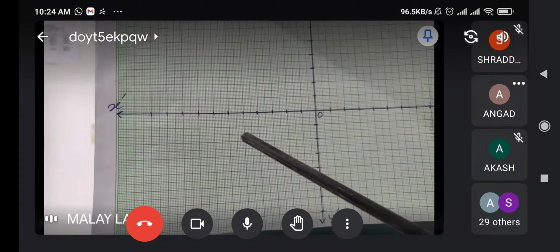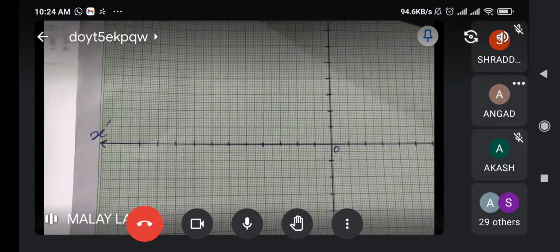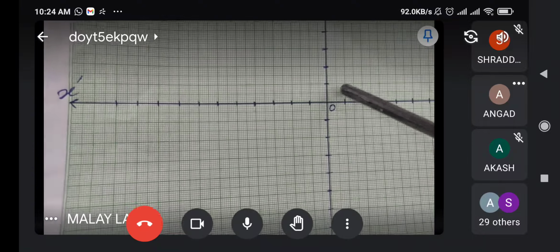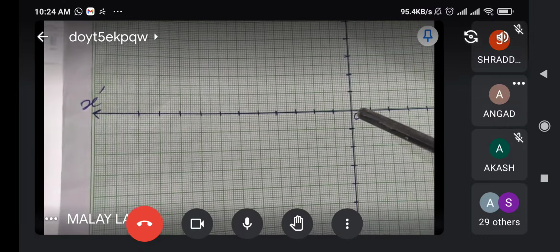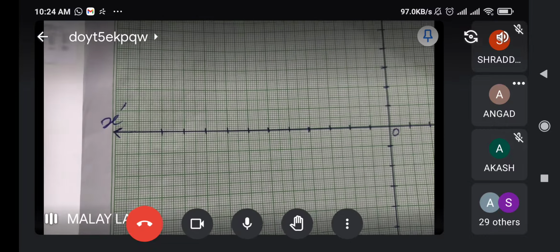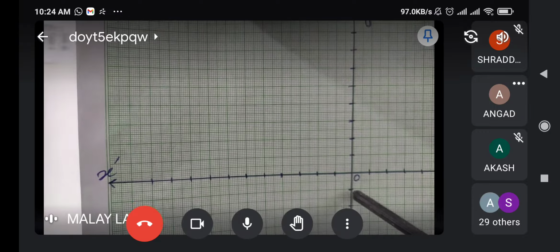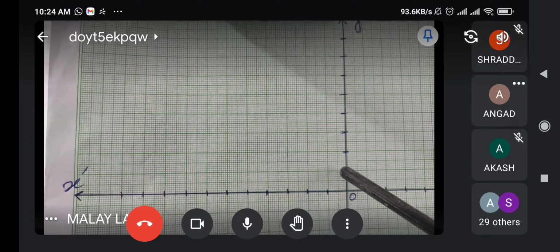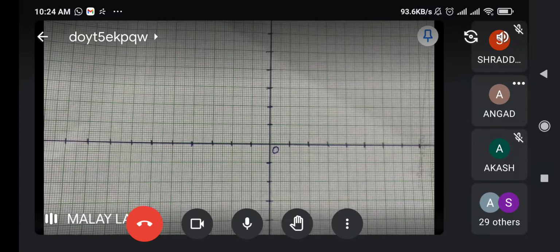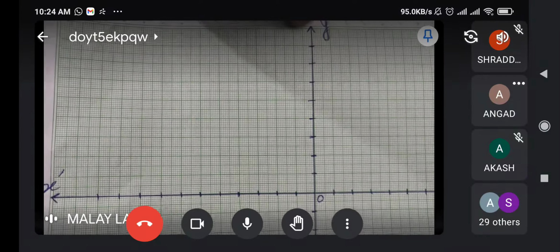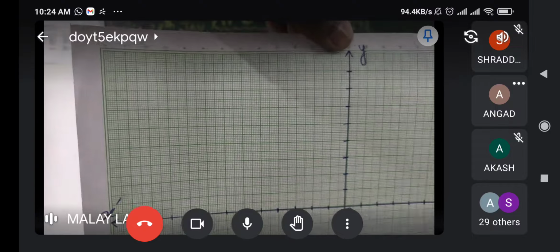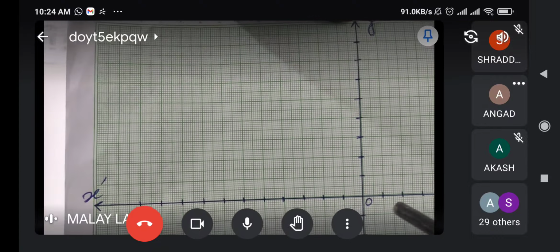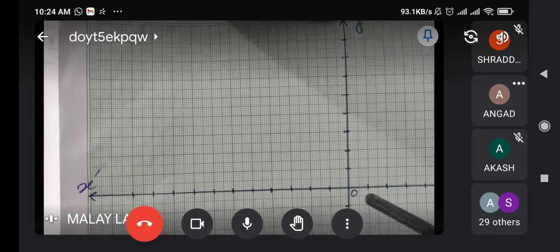You have to mark at the center of the graph paper, the centimeter one, and this line is called the x-axis. On this x-axis, this side is positive and this side is negative. This is the y-axis. Above O it is positive, below O it is negative. So the graph paper is divided this way. On the x-axis, your right hand side is positive and your left hand side is negative.